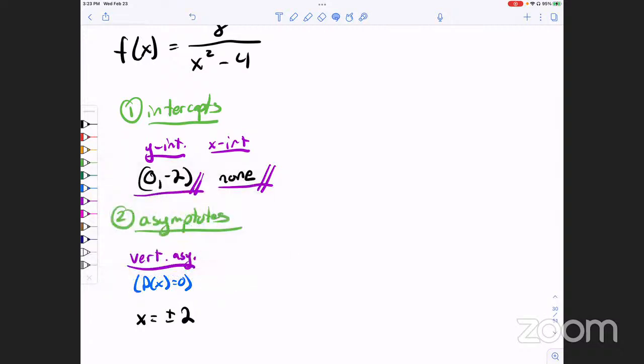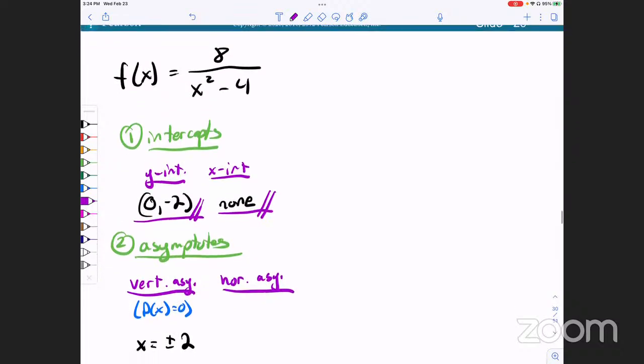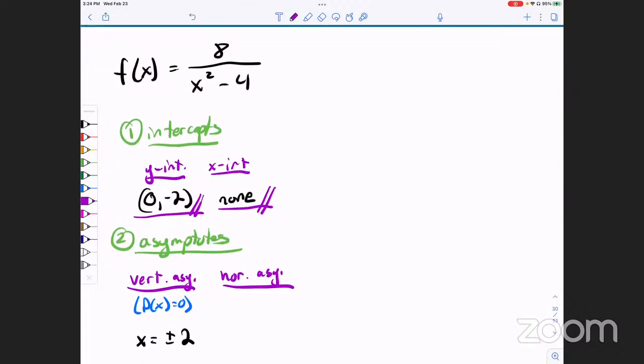Okay. So if we can find vertical asymptotes, let's go ahead and see if we have any horizontal. We need to compare the degree of the numerator to the degree of the denominator. The degree of the numerator is less than the degree of the denominator, so our horizontal asymptote is going to be y equals 0.